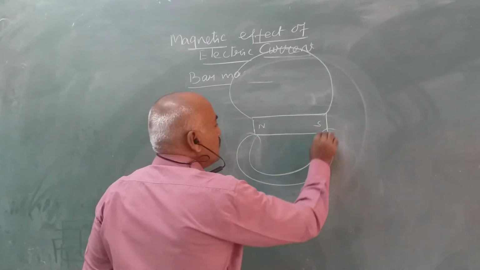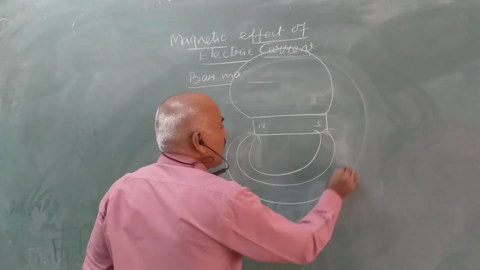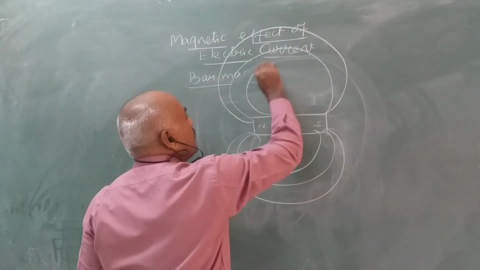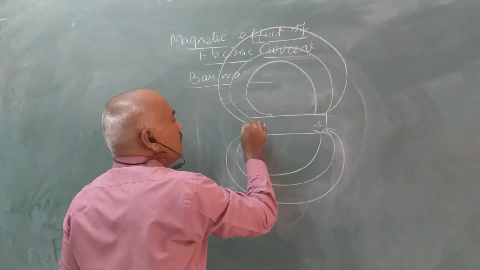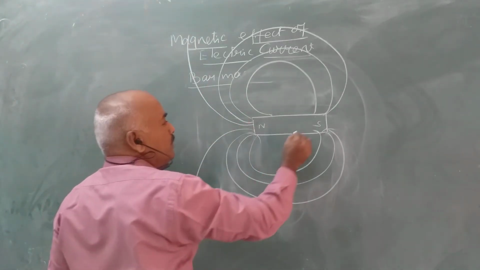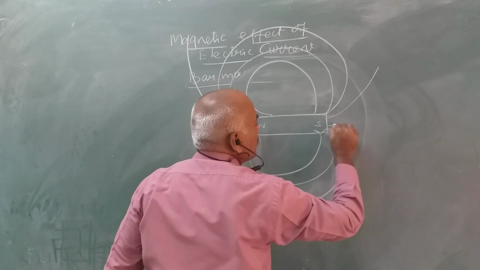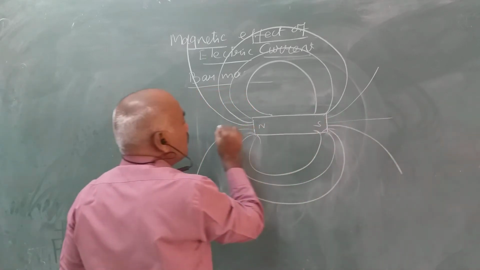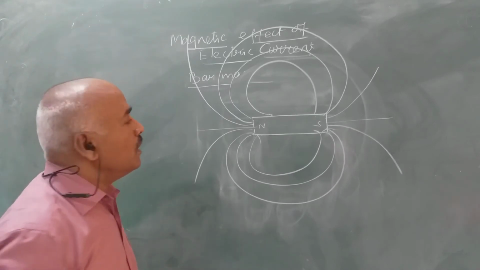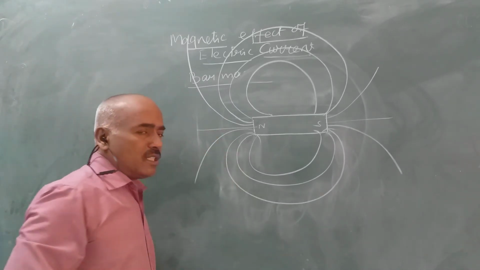Any number of lines can be drawn, and these lines are drawn like this. If the radius increases, it may be shown in this way. So this is the magnetic field pattern around a bar magnet.